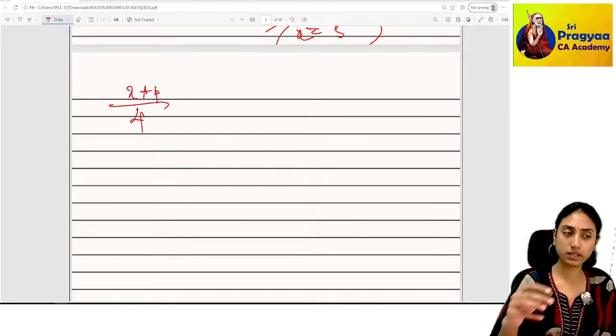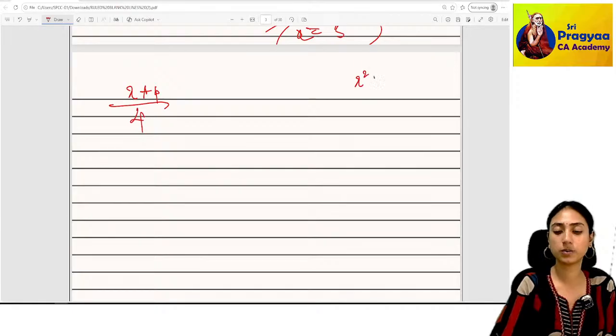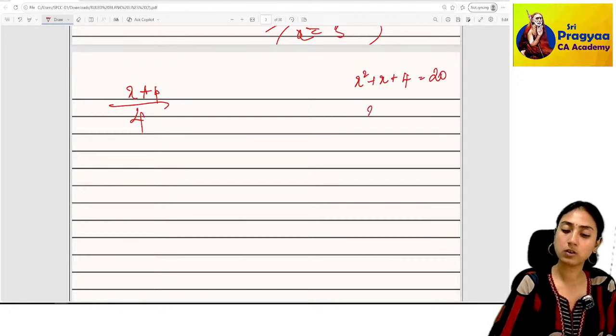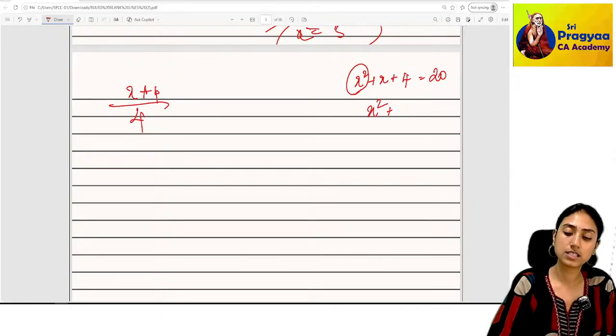For example, we will see this at a later stage, but whenever there is a quadratic equation, x squared plus x is equal to 4 minus 20, or simply x squared. There needs to be an x squared term. That's called a quadratic equation.